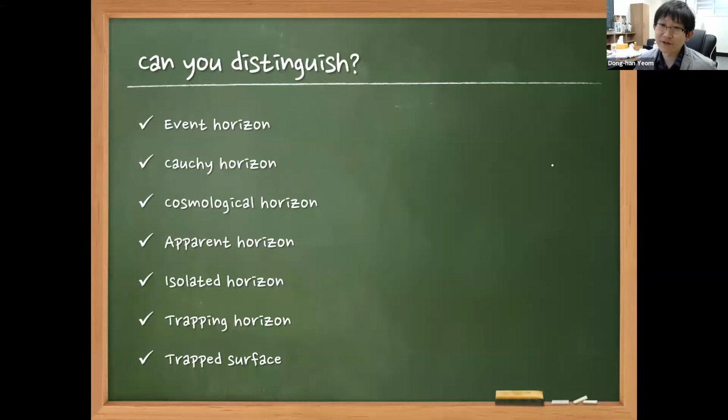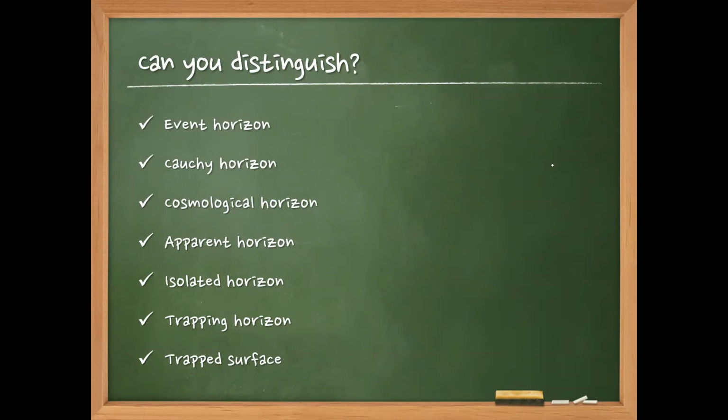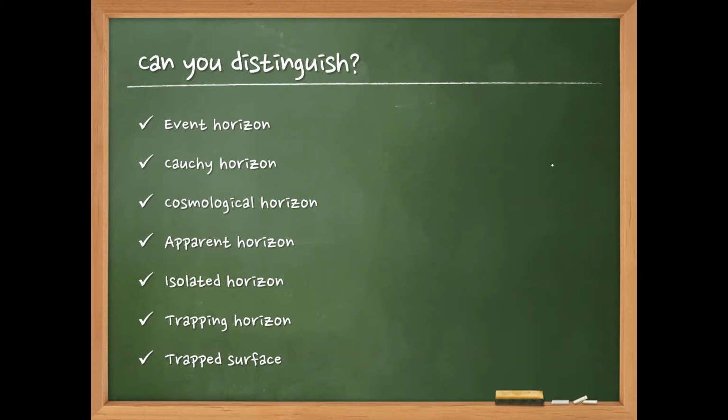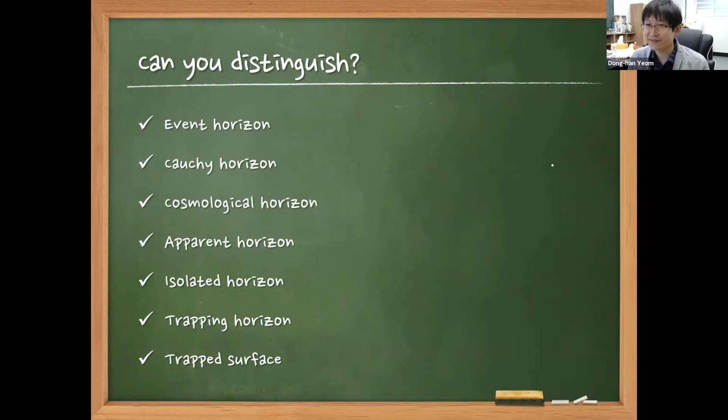But the important point is that well-defined is okay, but whether it's physical might be a different problem, isn't it? That's a very important and good question. That is the point that I will show. You can define any place as a horizon in a very reasonable way, but the question is whether it's physical or not.